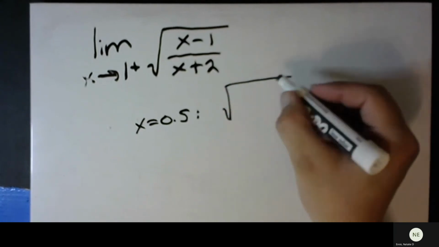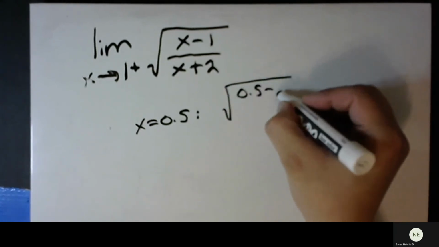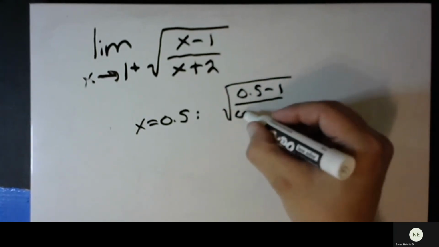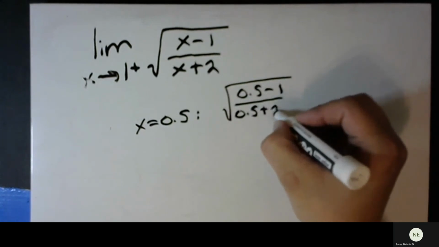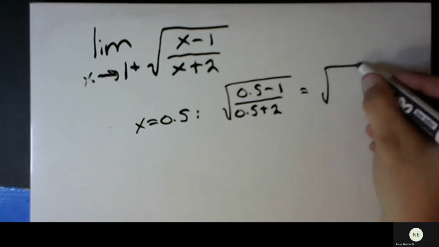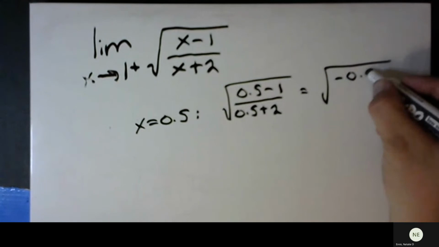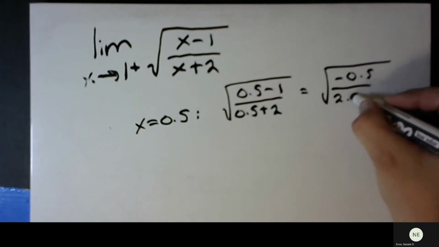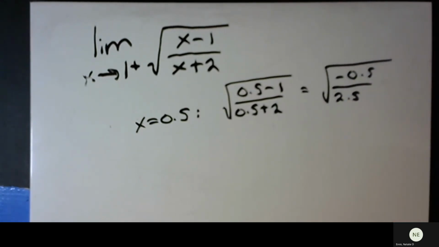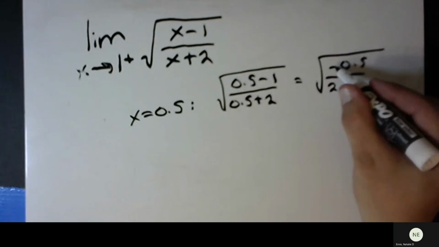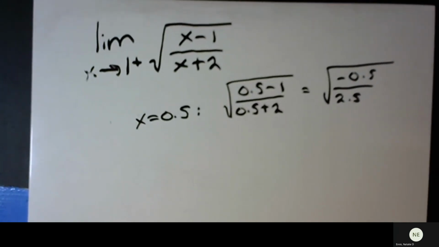If you have the square root of 0.5 minus 1 over 0.5 plus 2, you're going to find yourself with -0.5 over 2.5. And since we're only dealing with real numbers, we can't take the square root of this negative.